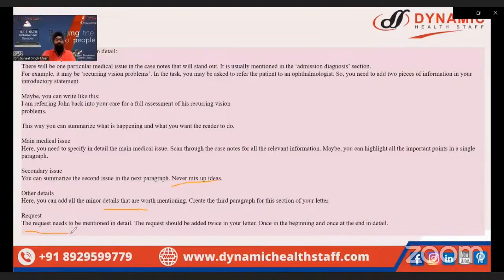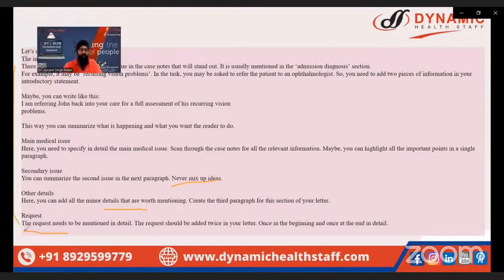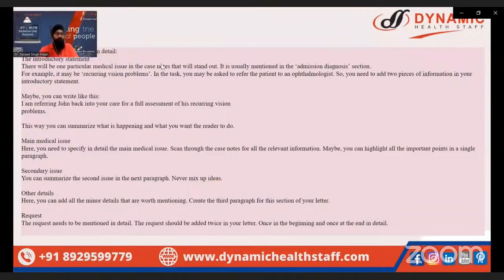In the end, request what you want the next person to do. What is your requirement? Mention that. So this is the basic format of writing a letter. Always keep these things in mind while attempting a letter, and you will easily get a good score.